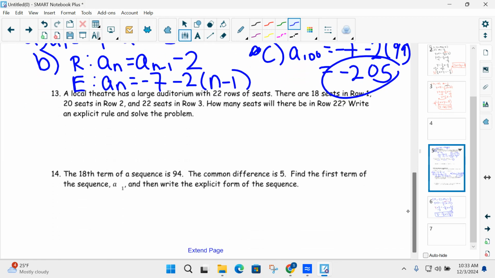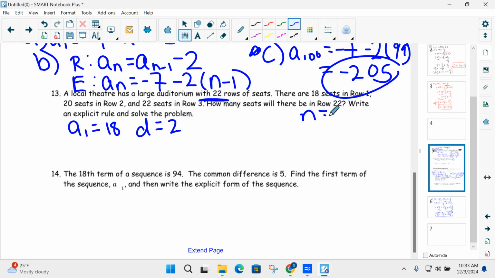Number 13 says a local theater has a large auditorium with 22 rows of seats. There are 18 seats in row 1. Okay, so that gives us a sub 1 is 18. And if there are 20 seats in row 2, that means the common difference is 2. It has 22 rows, so that means the maximum is 22.